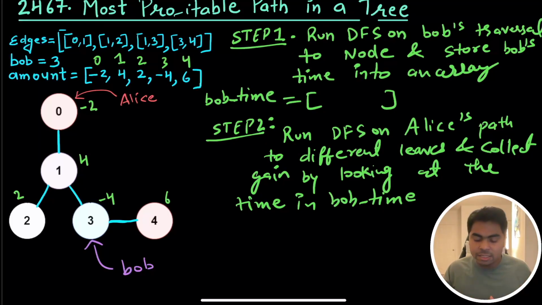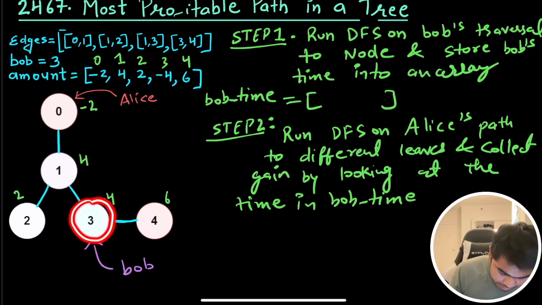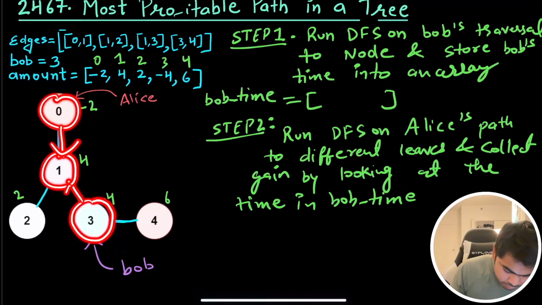But there might be a situation where Alice has her own time as well. She is traveling with time, each second. And if those times match with each other, that means they both reach that node at the same time. So if Bob is here, Bob moves in 1 second to 1. Alice is here, and Alice moves in 1 second to 1.